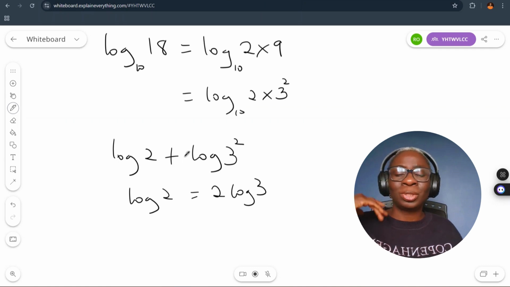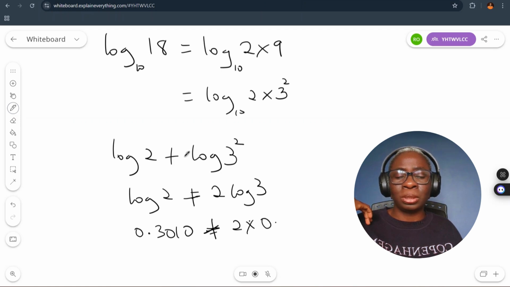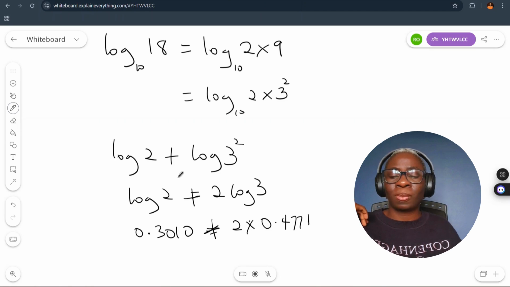Then we substitute the values, so that we have 0.3010 plus 2 times 0.4771, and that's it.